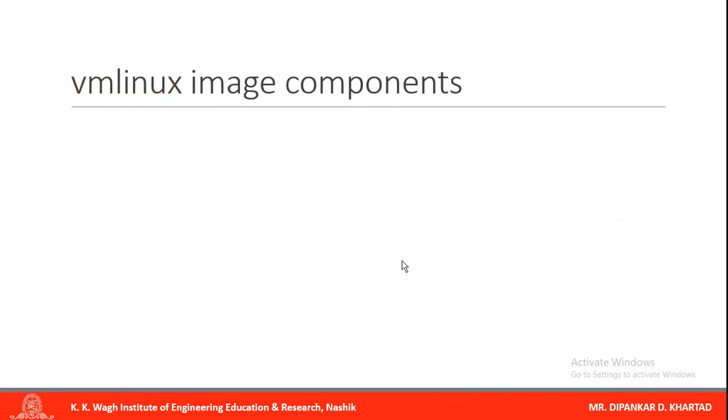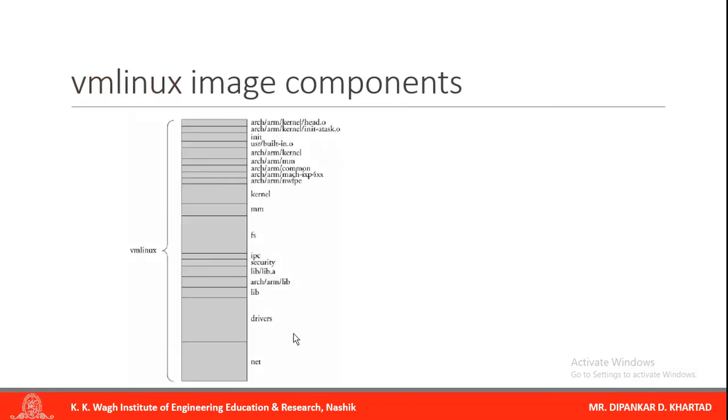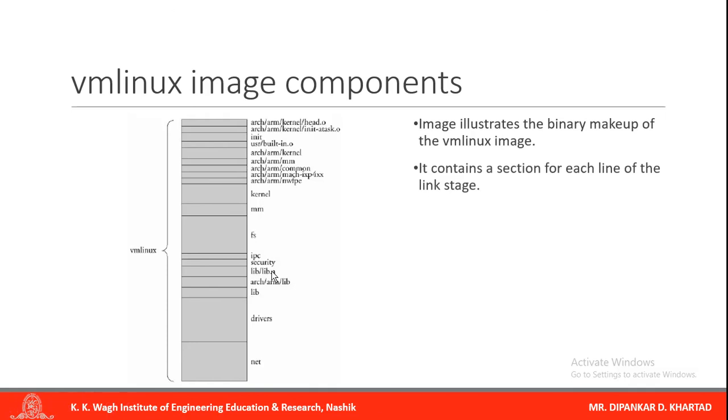Next is the vmlinux image components. These are the vmlinux image components. It will have the head output file, the init task output file, and the kernel. This image illustrates the binary makeup of the vmlinux image. It contains a section for each line of the link stage.